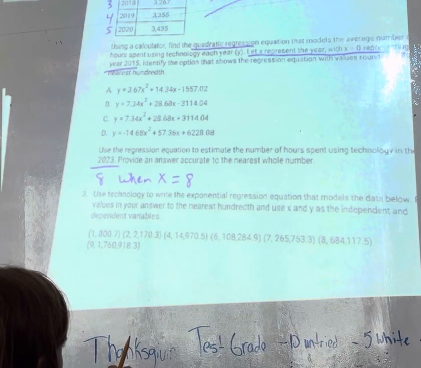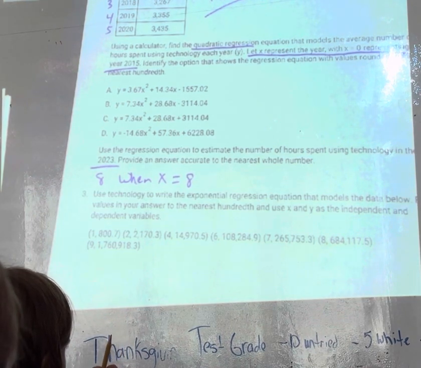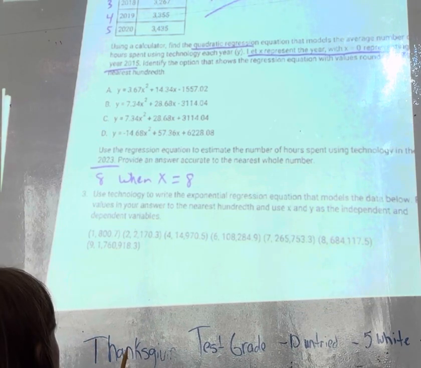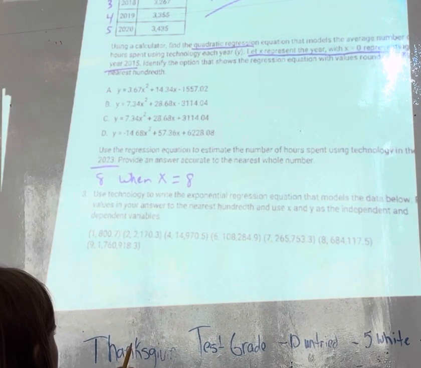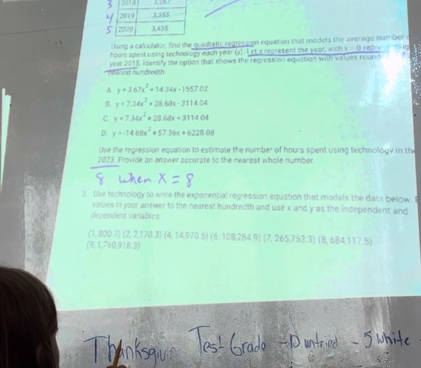It would be close, probably close, but not quite. But if you're asked for the equation, then you have to put in what they expect. If they expect 0 to be 2015, you have to put that in. Otherwise, your equation is going to be off. The signs are probably going to be the same. So if you only have one that's negative, positive, and positive, then you could probably guess and get it correct.